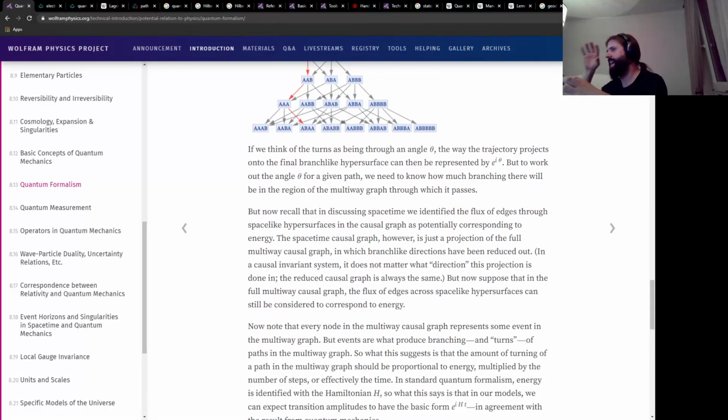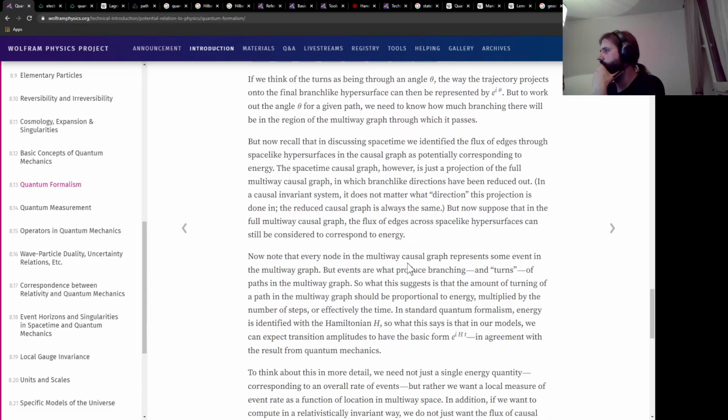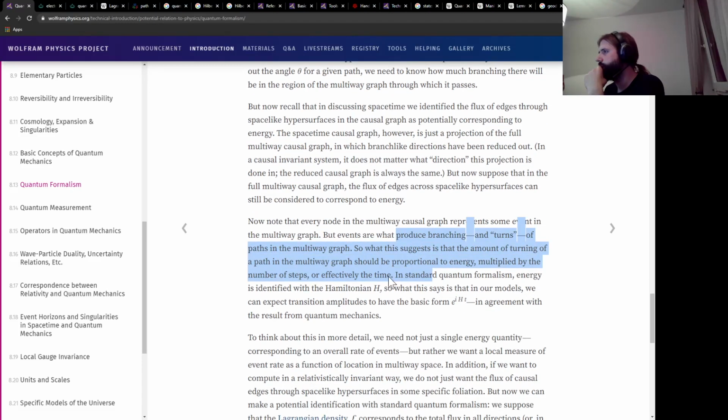I think the really high level picture is there, but it's not yet fully clear. It's proportional to the energy multiplied by a number of steps, or effectively the time. I don't know how they derive these things.